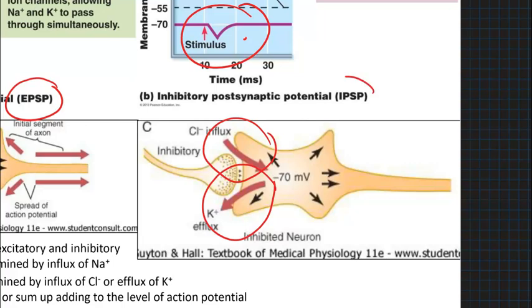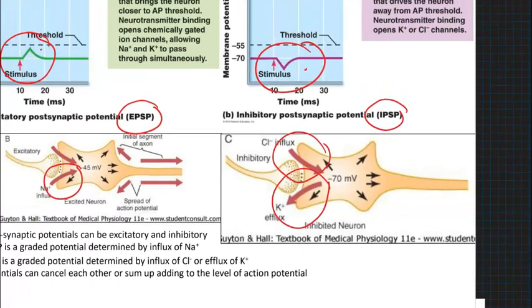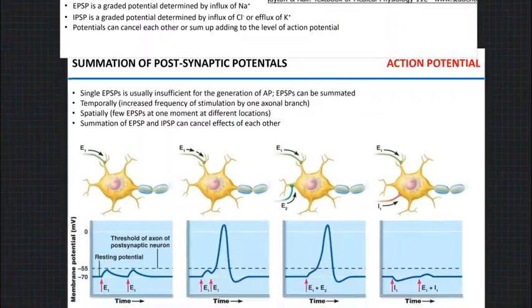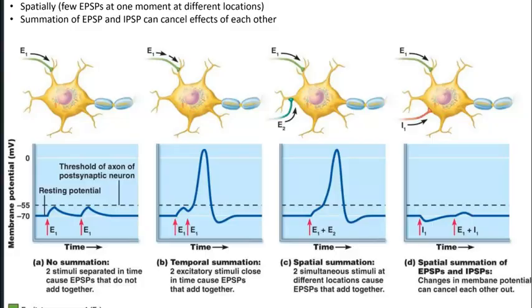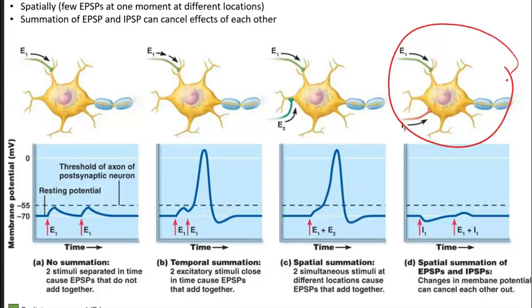And we call this inhibitory postsynaptic potential. You can imagine that a single neuron receives signals from many other neurons. And the signals can add one to another.